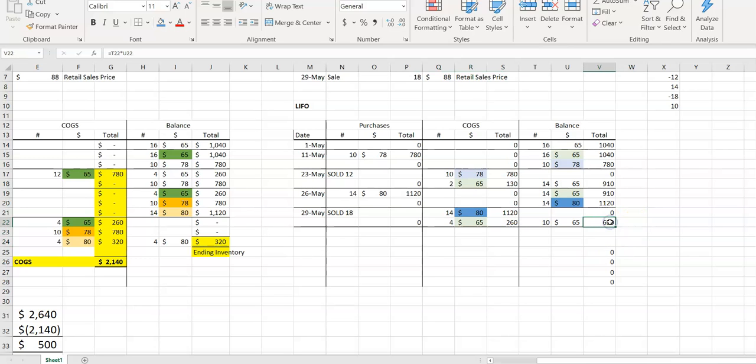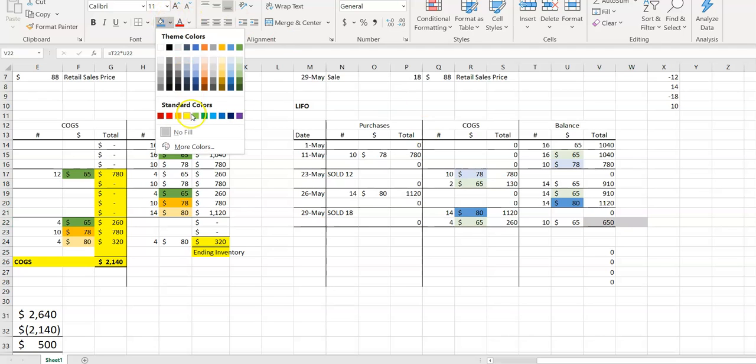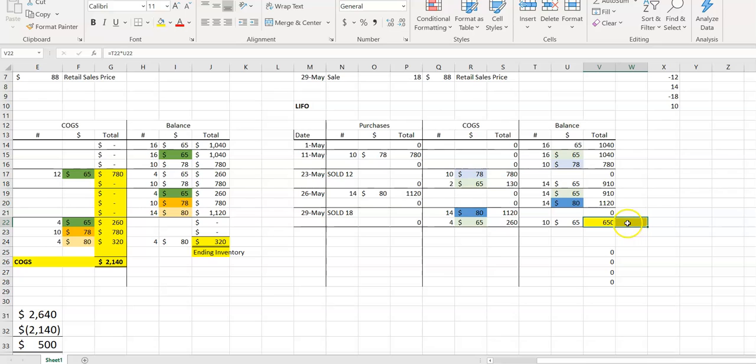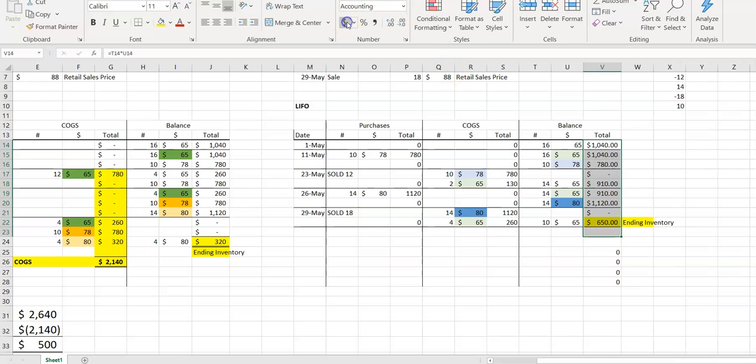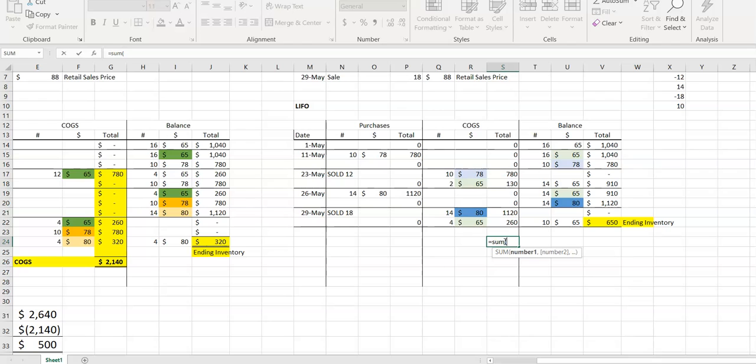This is my ending inventory. This is my cost of goods sold. I'm going to sum up the column.